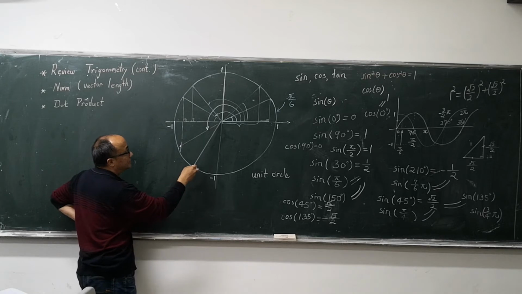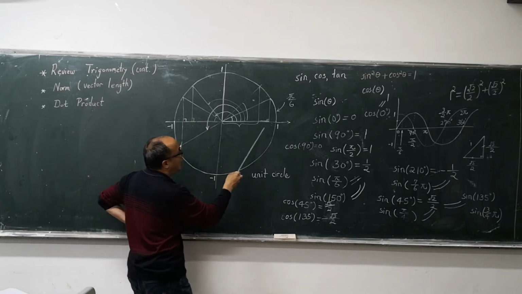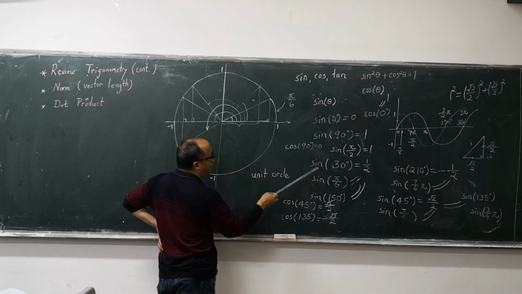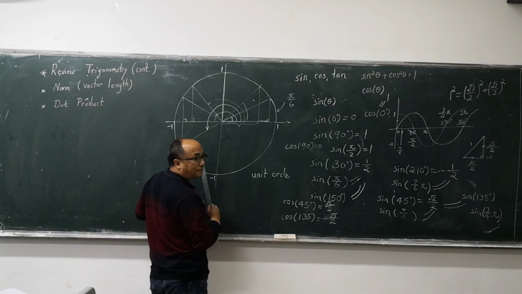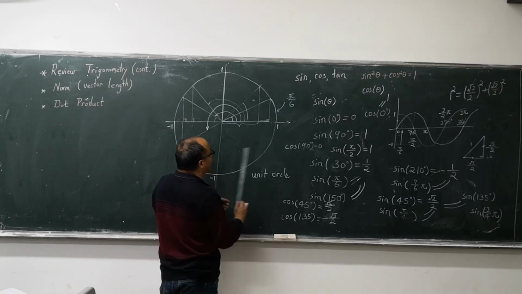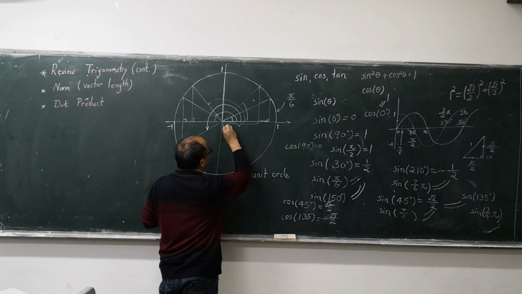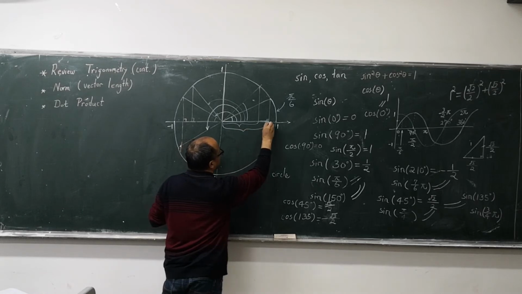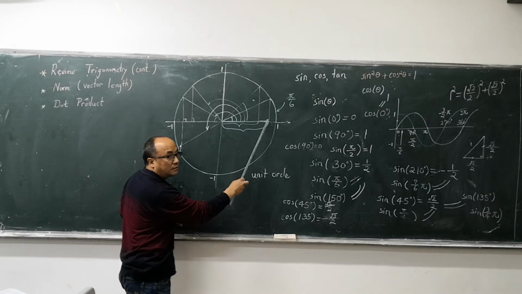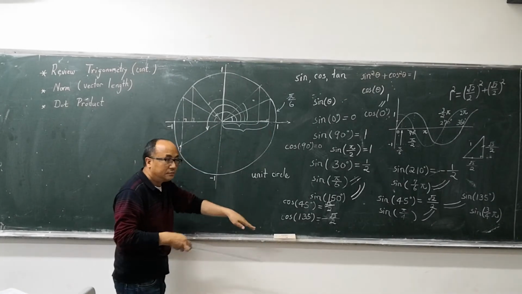And here, cosine. I didn't ask you for the cosine of 30 degrees. Cosine 30 degrees, what's the cosine of 30 degrees? Where is it? It's here.